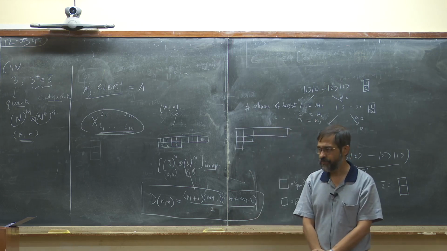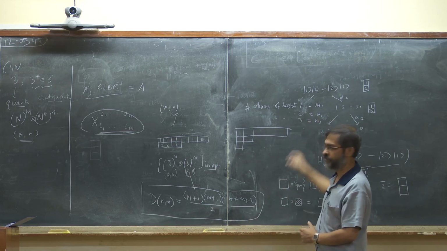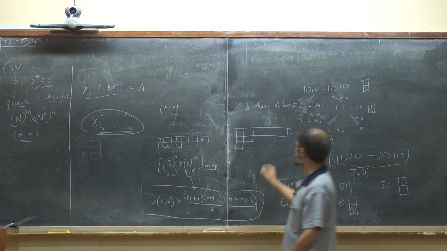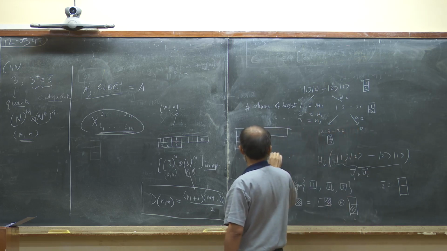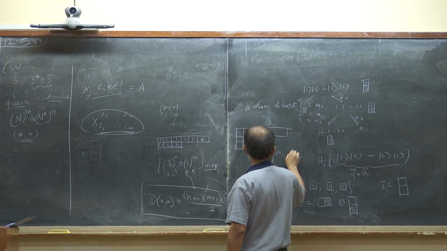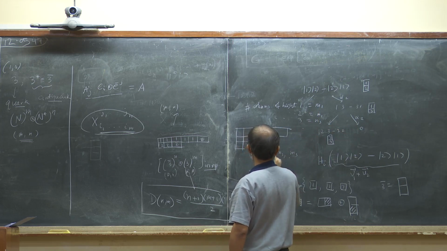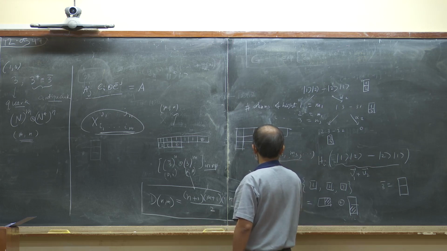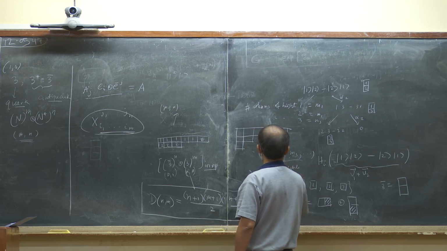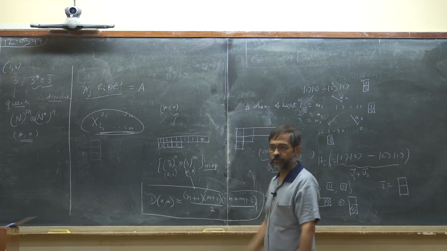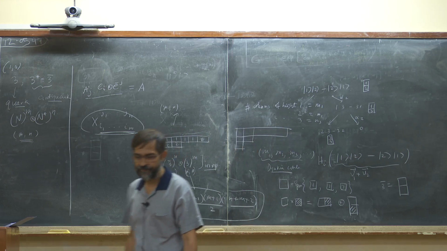If that is so, then the Dynkin labels are these: m1, m2, m3. These are the Dynkin labels of a Young tableau.